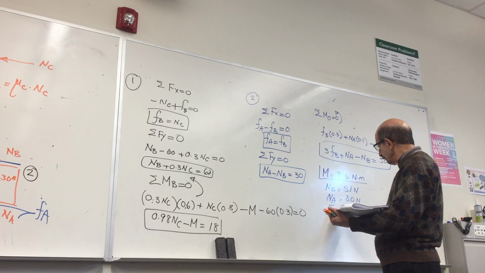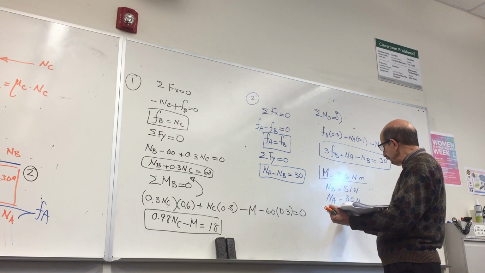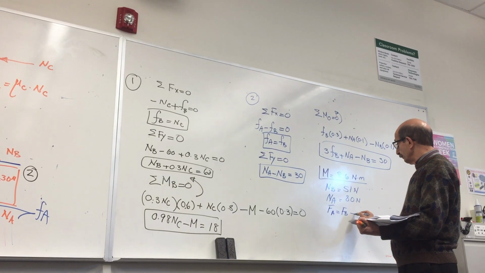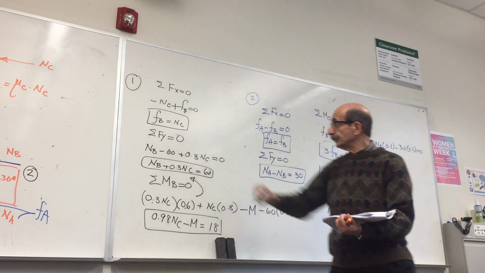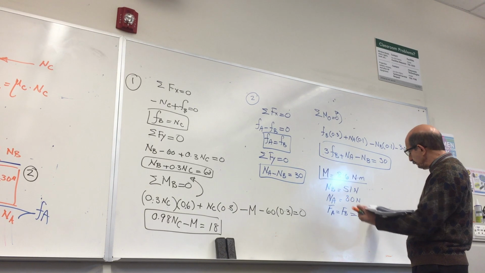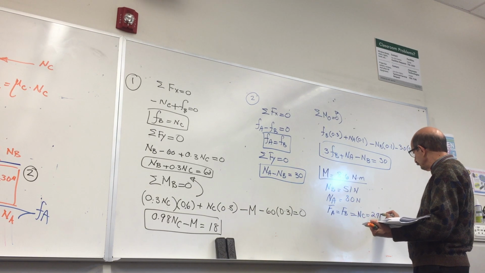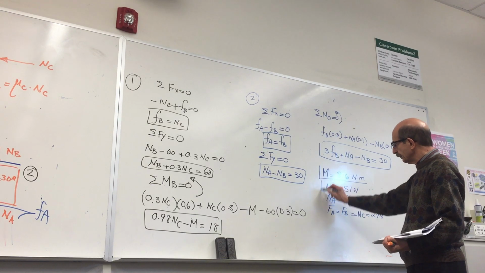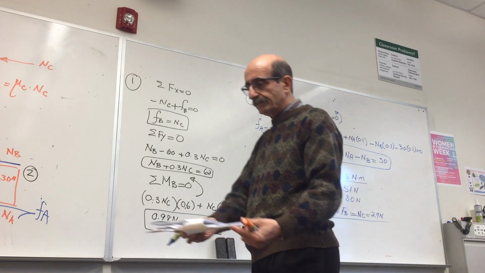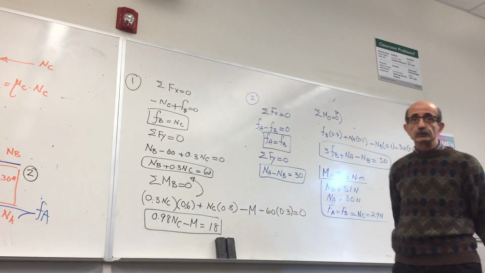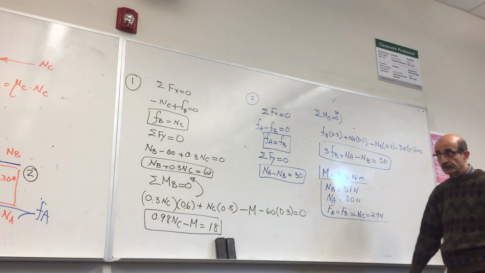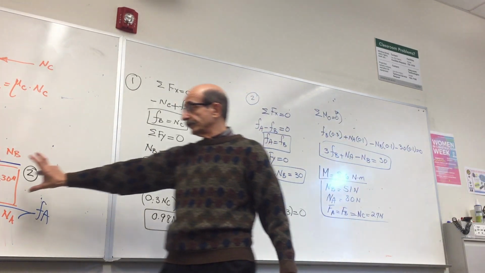FA and FB will be the same, in fact equal to FC, and that would be 27 Newton. Okay. But wait, we haven't finished yet, right? Because we don't know if the box is moving or not. All we know is these are the friction forces that would be generated here.